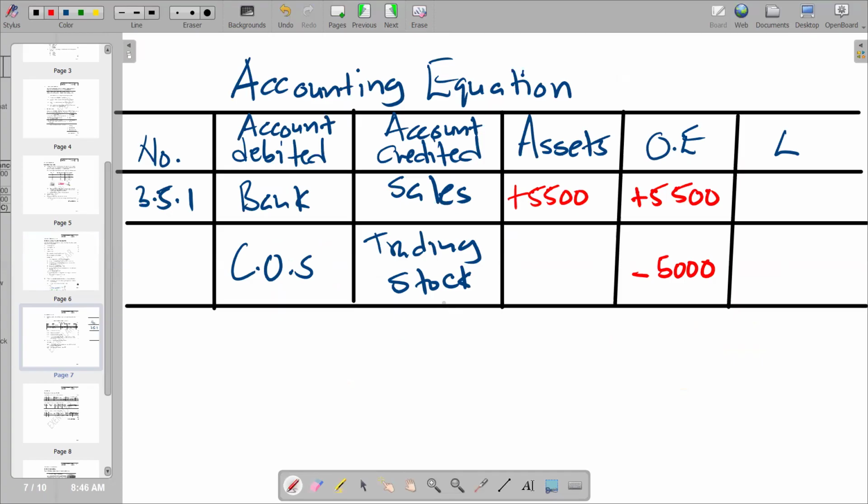And then trading stock is an asset, and when we are crediting an asset, we say it's a minus, so it's a minus 5,000 again. So basically, this is what we have. And then we still have another column for entering the next transaction.